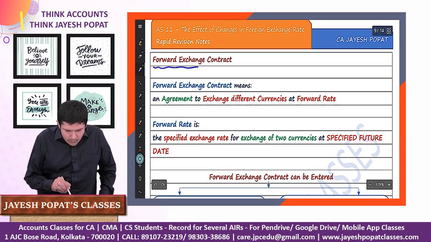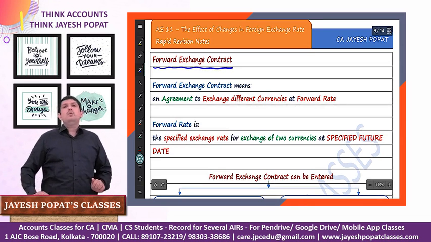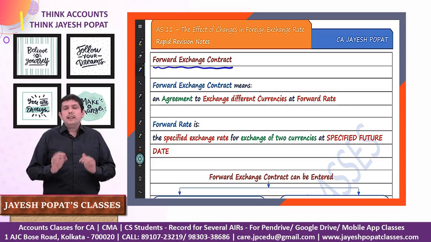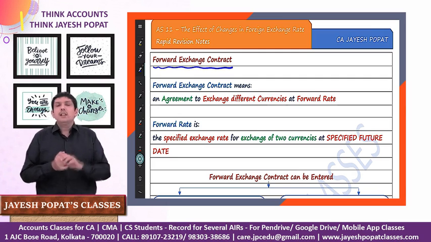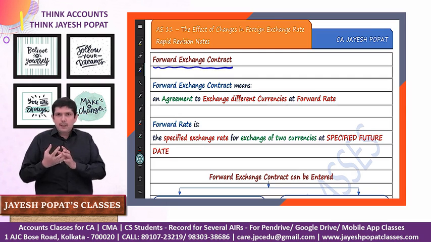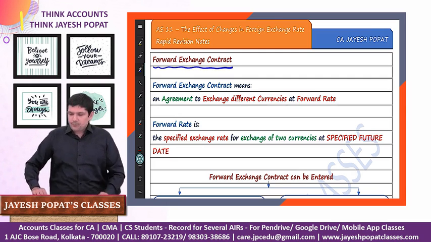Now we'll talk about forward exchange contracts. See, there are two purposes for which you enter into a forward exchange contract. One is for the purpose of hedge, another is for the purpose of speculation. I'll give you an example.